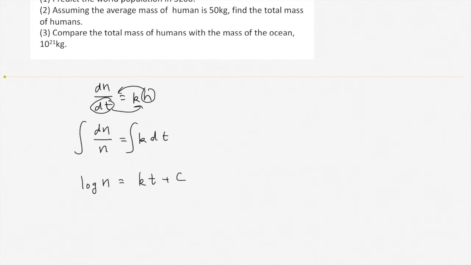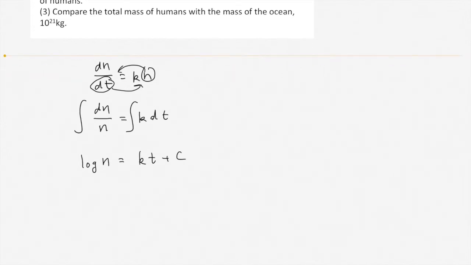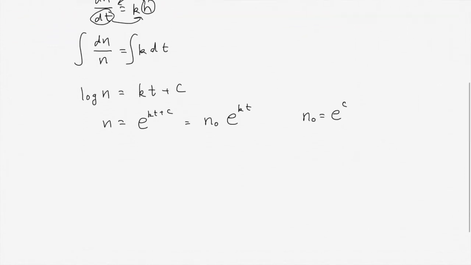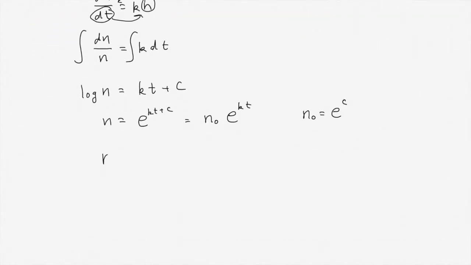Then you can write n equals exponential of kt plus c, which is n sub 0 exponential kt, where n sub 0 is equal to exponential c. So we have an expression for the world population: n sub 0 exponential kt.